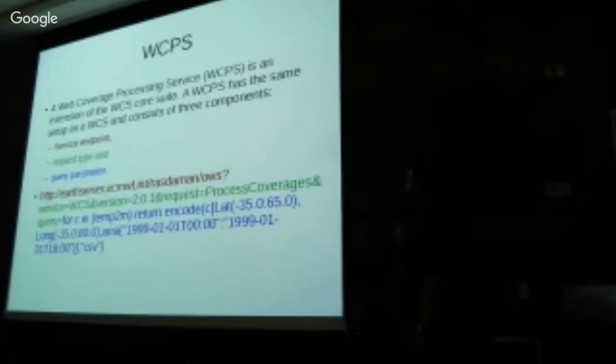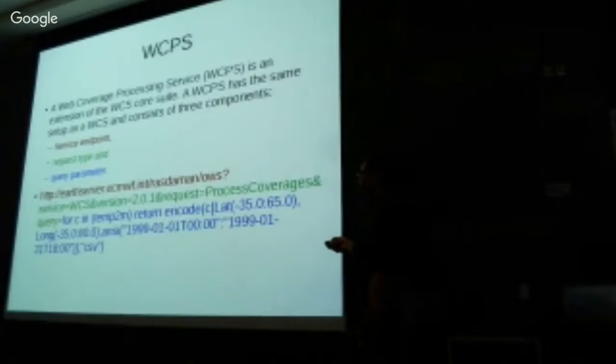One reason is that if I show you the WCPS queries that we use in Planet Server, you will run away right now because they're huge. So to make kind of a WCPS 101 smooth, I'm going to show you this one. So basically, you have the endpoint, you request the process coverage, and then you just plug in the query.